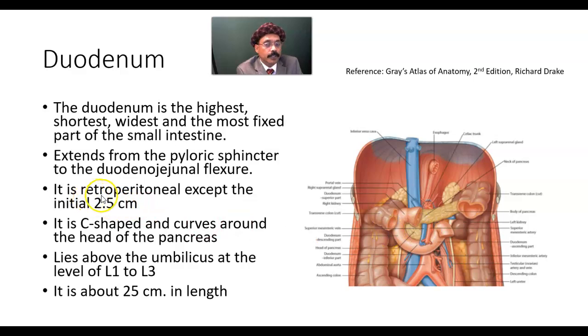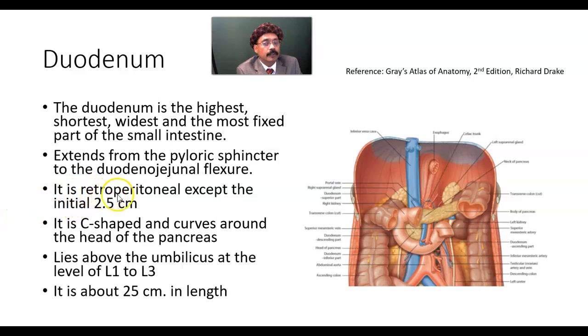It is retroperitoneal except the initial 2.5 centimeter, that is the duodenal cap, that has attachment to the hepatoduodenal ligament, part of the lesser omentum, and also it has attachment to the greater omentum in the lower part.